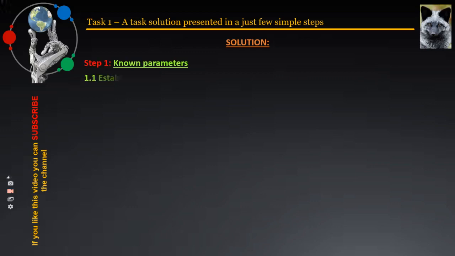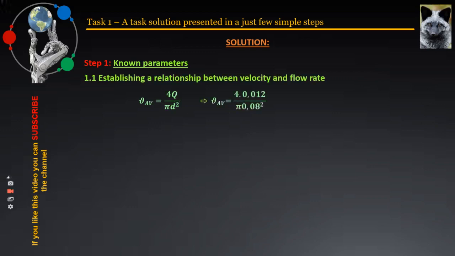For this purpose, copy and paste the relevant equation. Then substitute each parameter with its numerical values. And finally, perform the calculation. It seems that the velocity is going to be 2.39 meters per second.